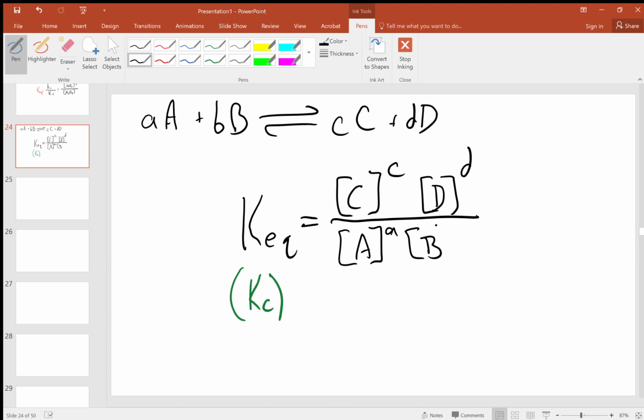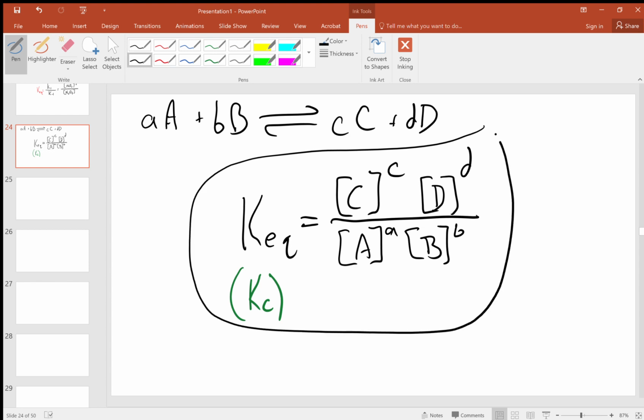So each of their concentrations raised to their stoichiometric coefficients. And so as long as we know a balanced equation for the reaction we're looking at, we can use this generic type of formula to come up with the equilibrium expression for any reaction.